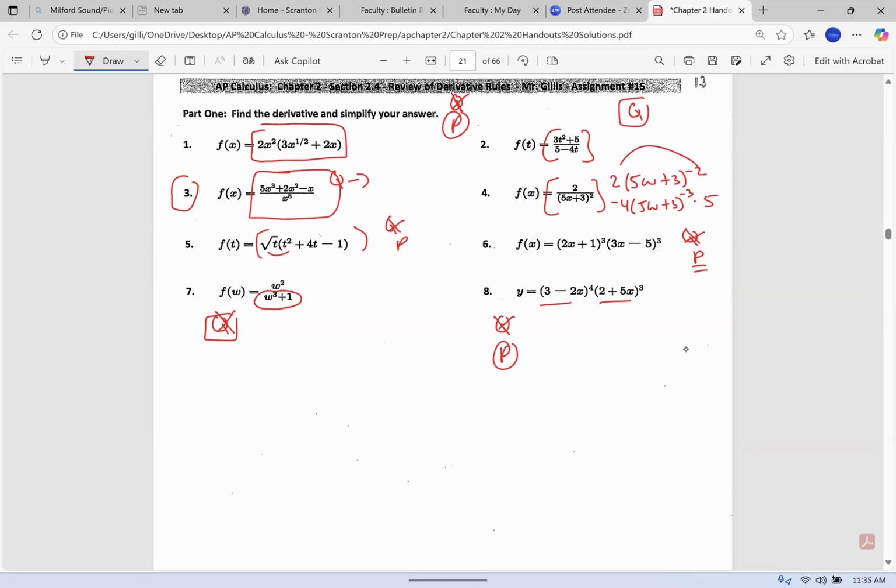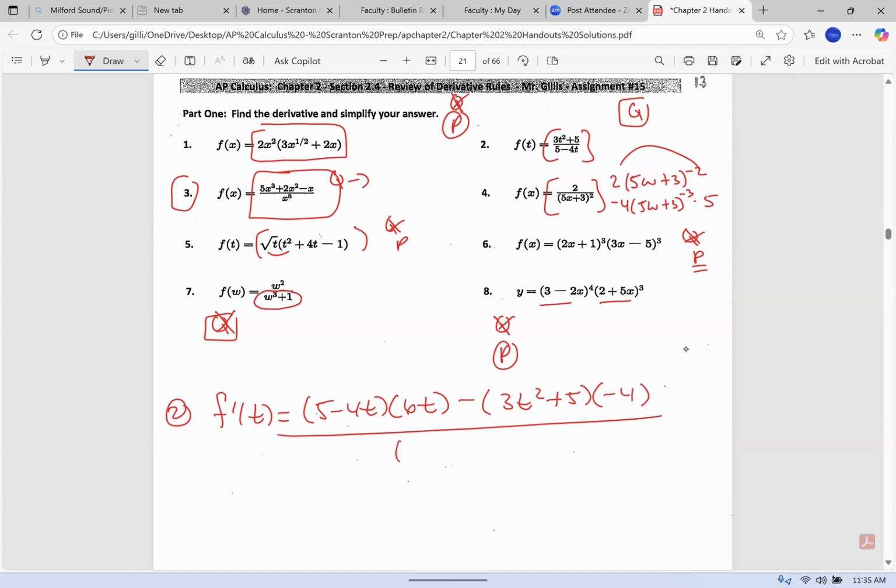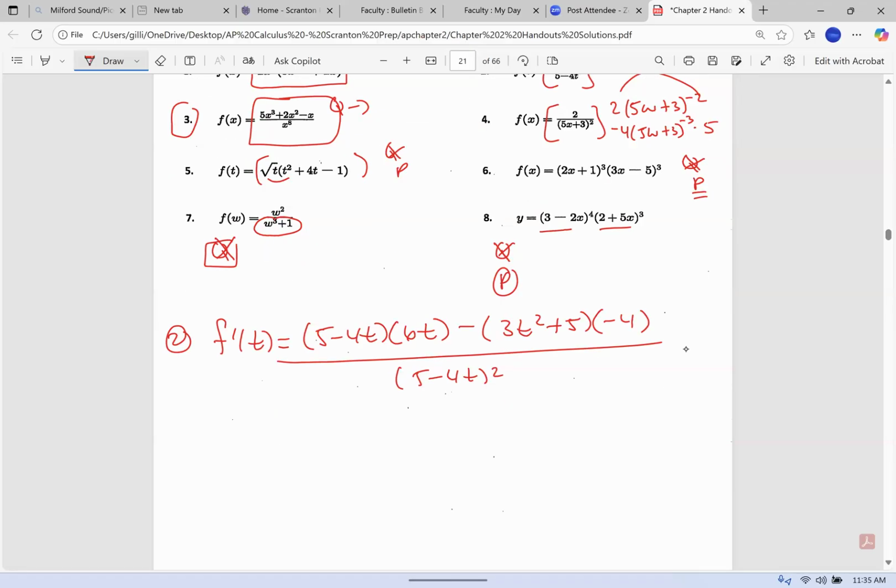So the ones you have to clean up is one like number 2. F prime at t is the bottom times the derivative of the top, which is 6t, minus the top times the derivative of the bottom, all over the bottom squared. And then that becomes 30t minus 24t squared.